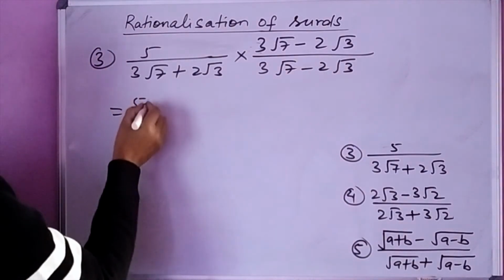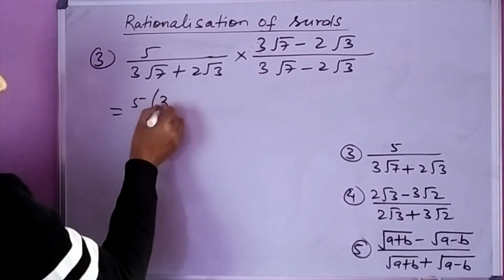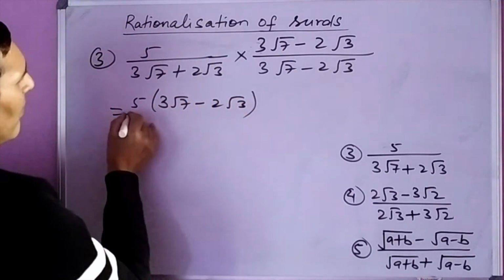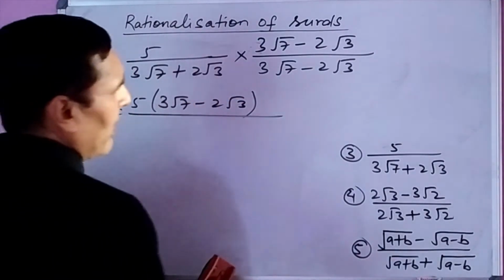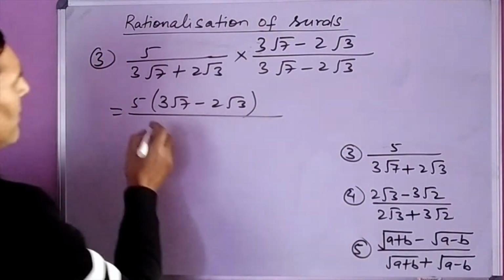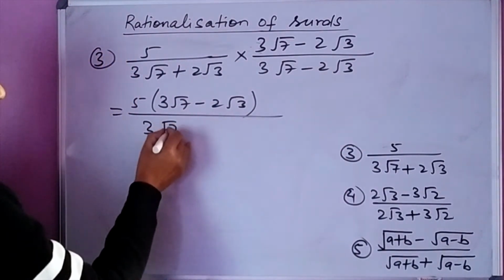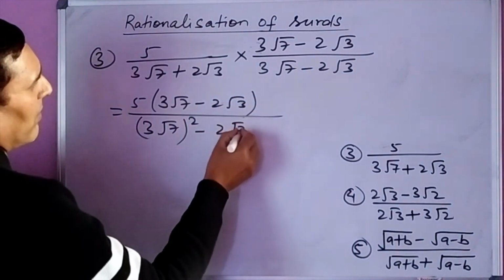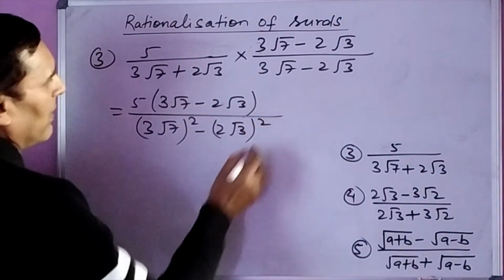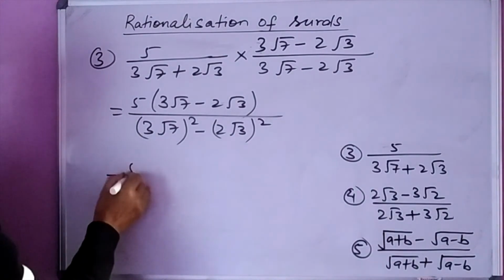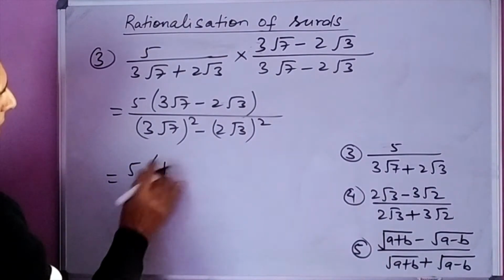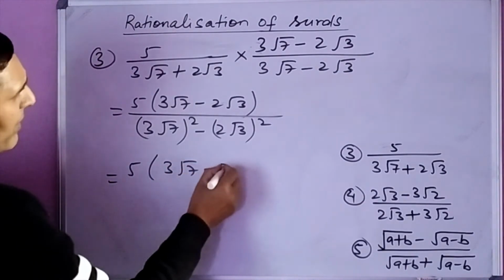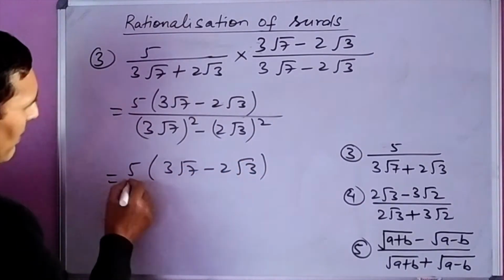Now it is 5 times (3 square root of 7 minus 2 square root of 3), all upon the denominator (a plus b) into (a minus b), a square minus b square: (3 square root of 7) whole square minus (2 square root of 3) whole square. It is 5 bracket 3 square root of 7 minus 2 square root of 3 as it is.